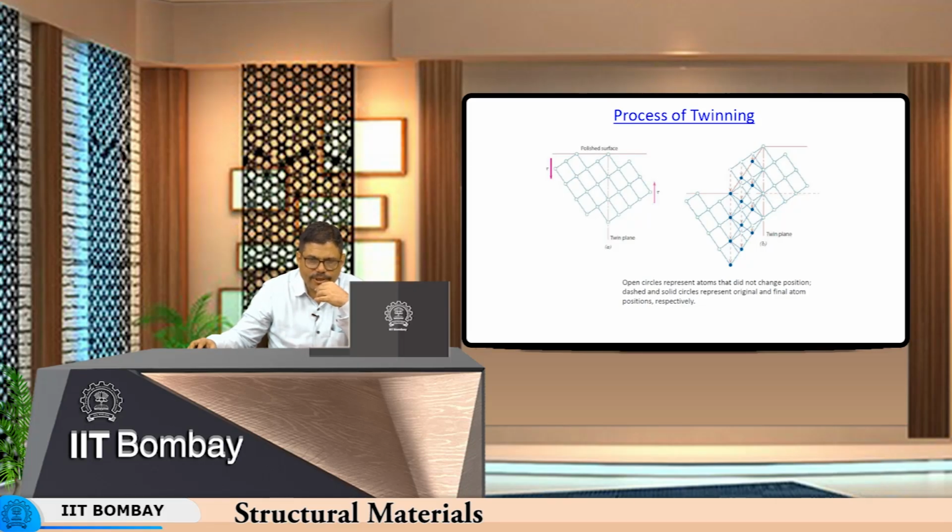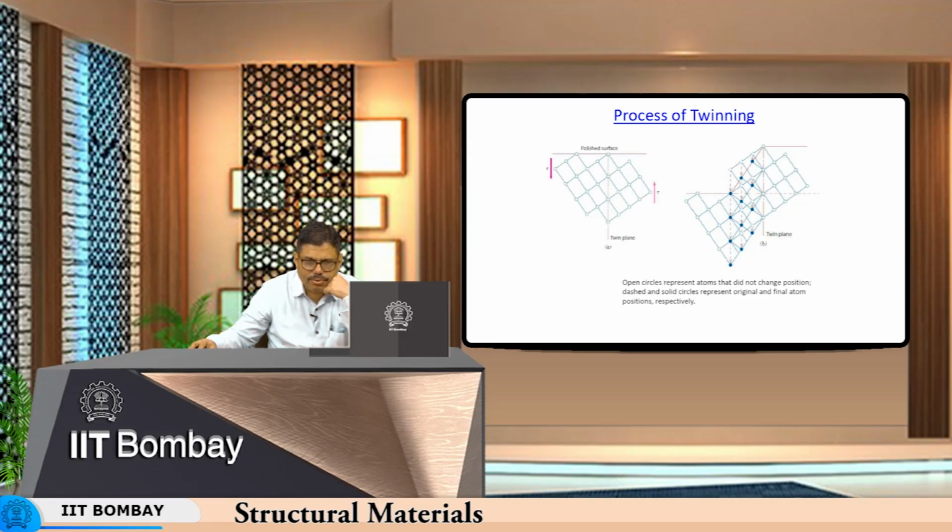So you have these atoms which have moved. This is a new position of the atom, and these are the 4 atoms which have changed position: 1, 2, 3 and 4.